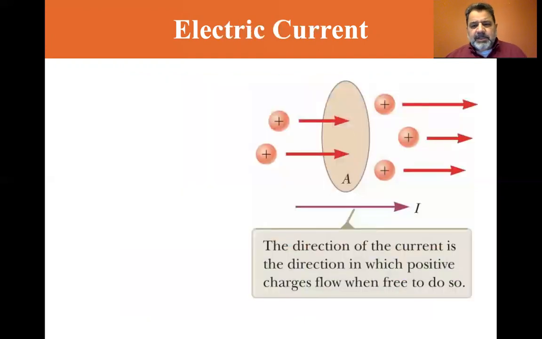And so here's a description of electric current. The direction of the current is the direction in which positive charges flow when free to do so. Now, most of the time when we're talking about conductors, it's actually the electrons that flow. If an electron moves from one position to another, it leaves what we call a hole.